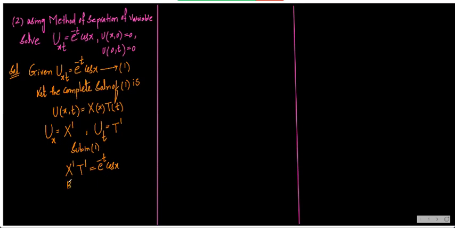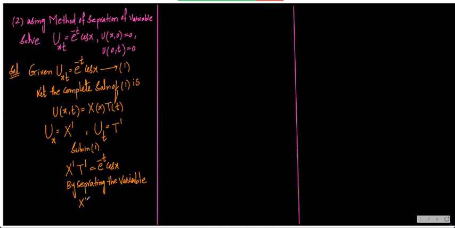Now by separating the variables, what is the meaning of separating the variables? We have to take the terms of x on one side and the terms which are not containing x, that is, in terms of t, on the other side.